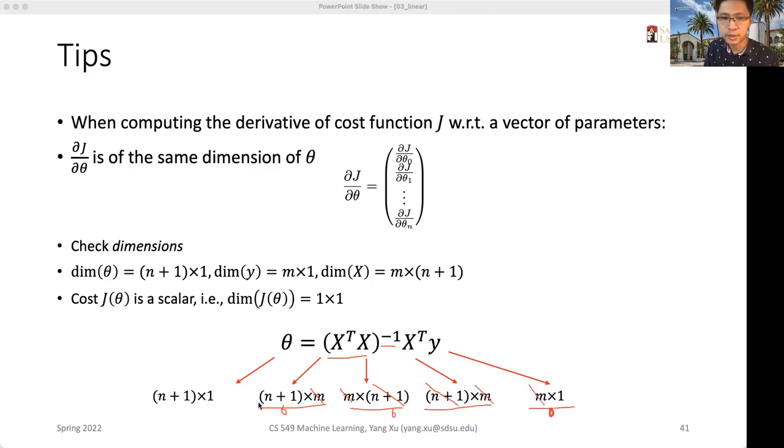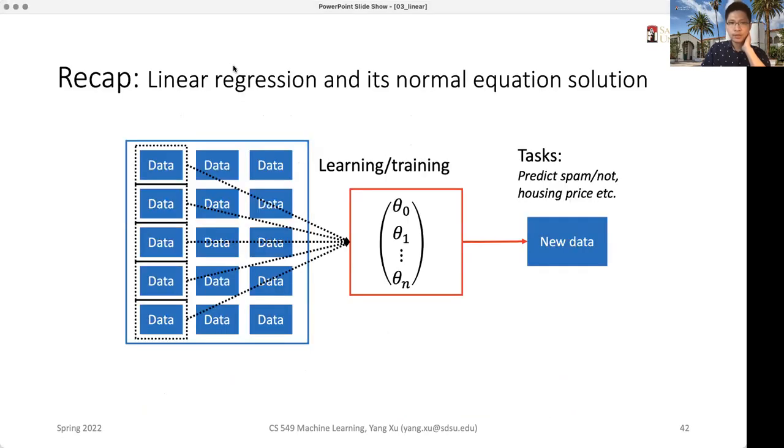So the result will be n+1 by 1, which is exactly the same as the left side. That is typically how we can use dimensions to check whether our calculations are correct. All right, that's pretty much it for linear regression and the normal equation solution.